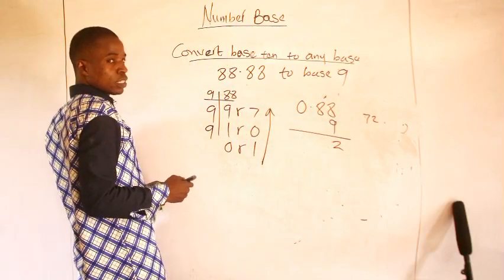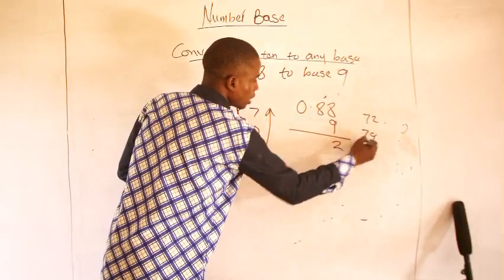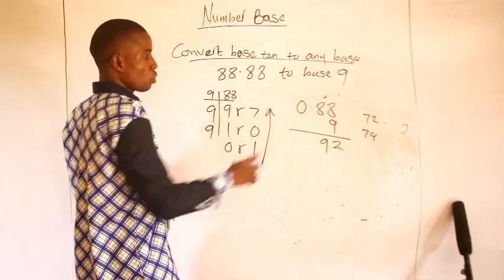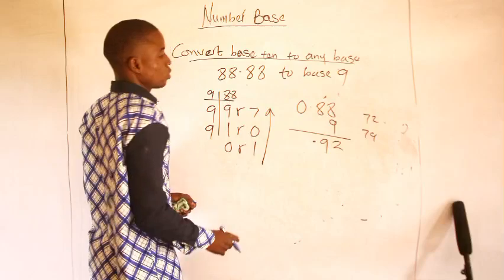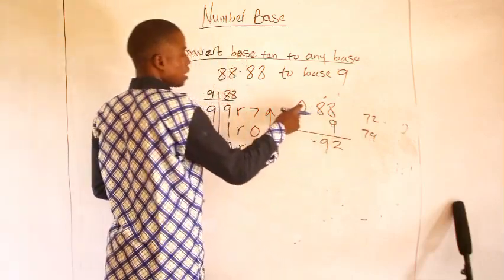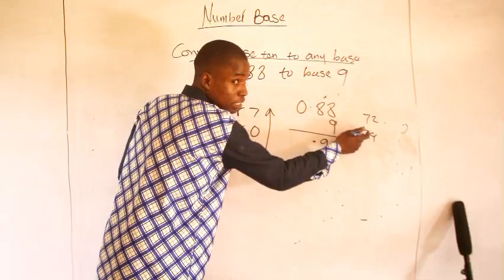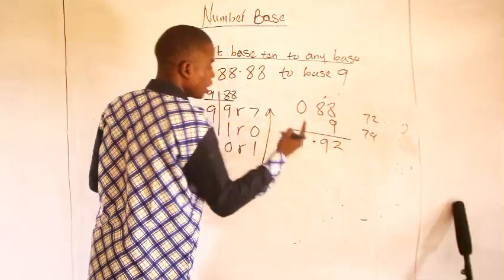It will be what? 79. Now, this one and this is what? 0. You write what? Because it is remainder. This one will be what? 7. Are you getting it now? You put the 7 here.